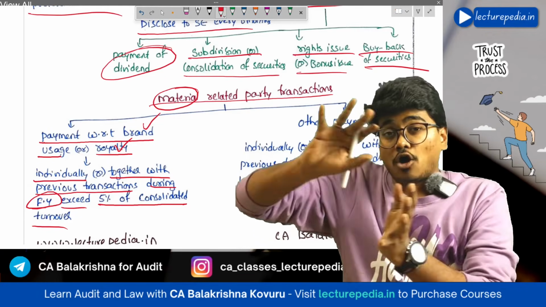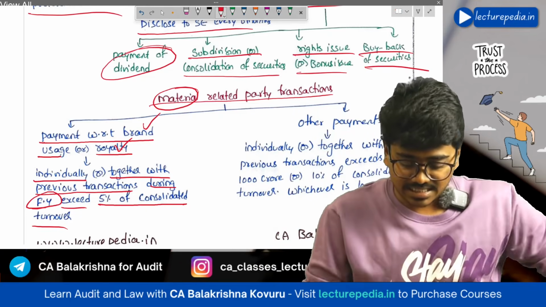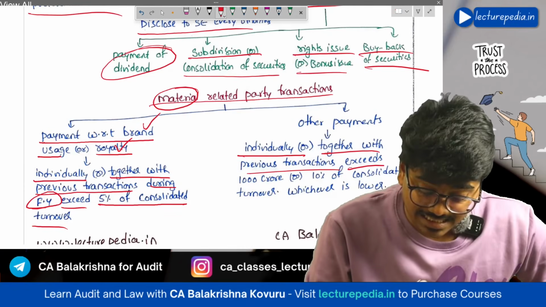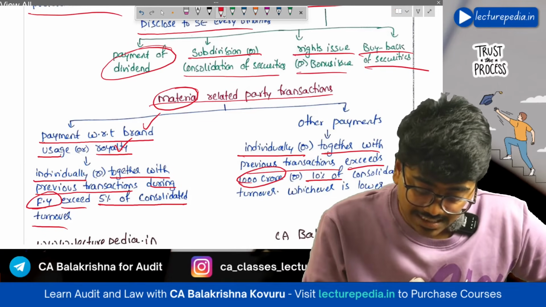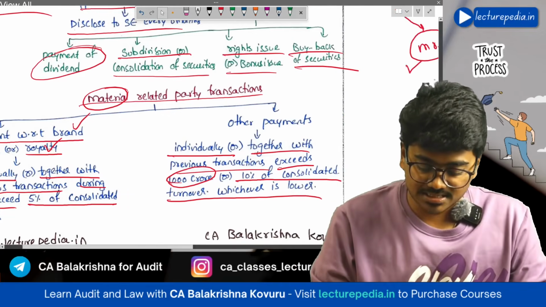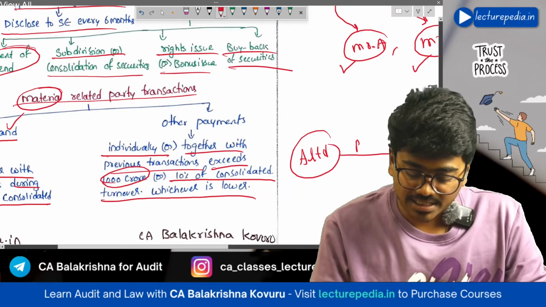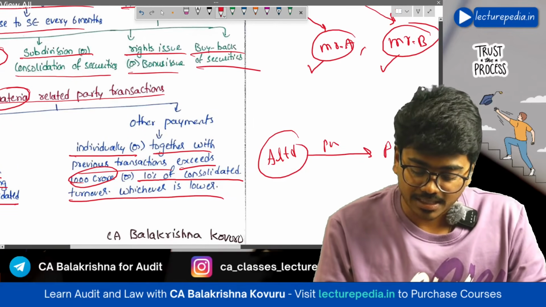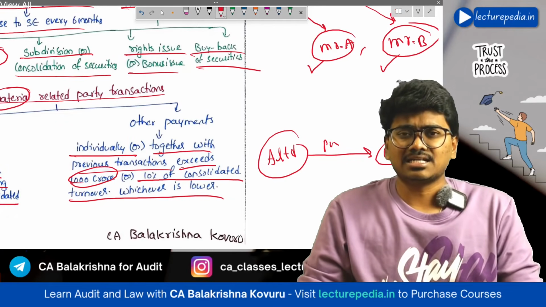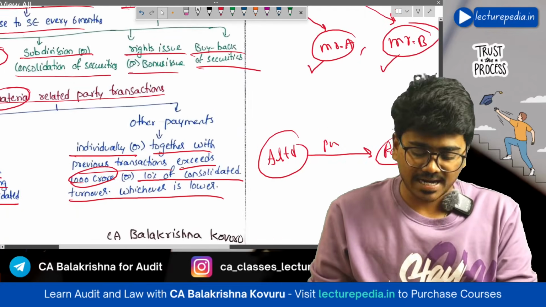And in case of all other transactions, such a transaction will be treated as a material related party transaction if, individually or together with the previous transactions, it exceeds 1000 crores or 10% of consolidated turnover, whichever is lower. Let's say A Limited is purchasing from a related party, and this is a transaction other than royalty or brand usage fees.